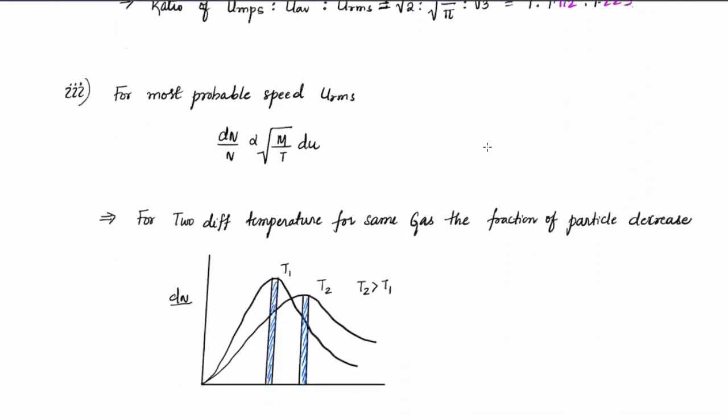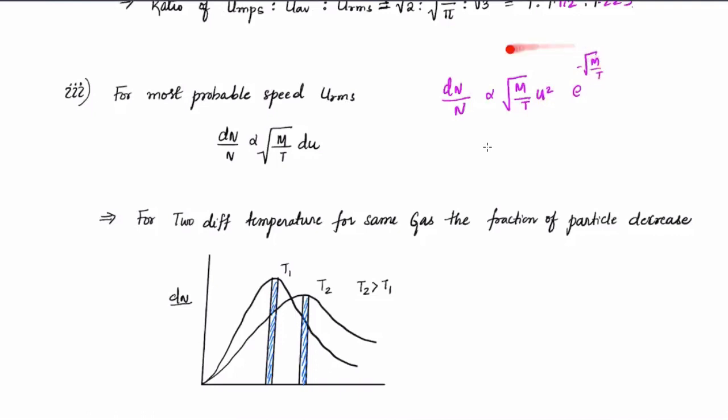Now coming to the most probable or any speeds, if you observe one thing, when I write dN by N, it is proportional to root of M by T in the U square function, as well as in the exponential term, under root of M by T. So you will always get this as M by T for sure.